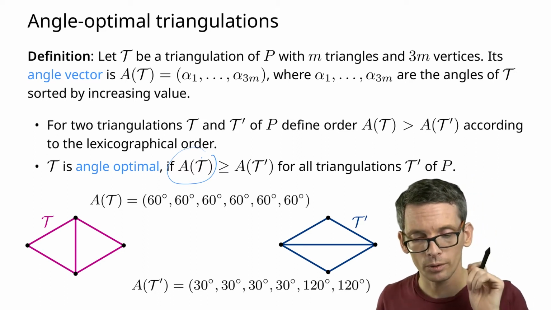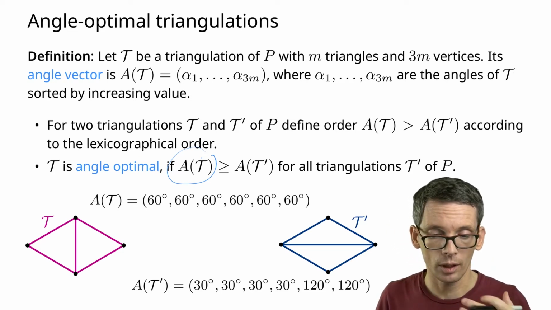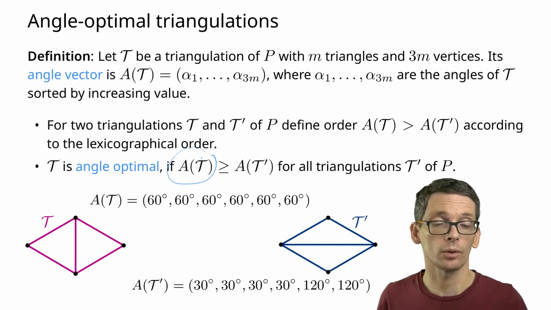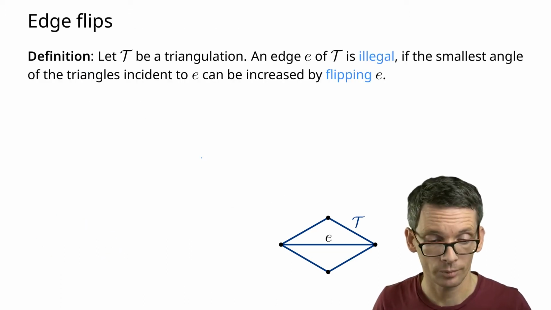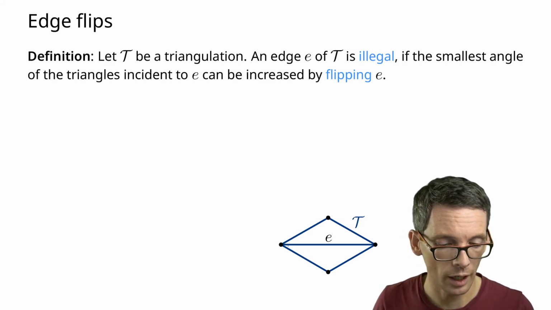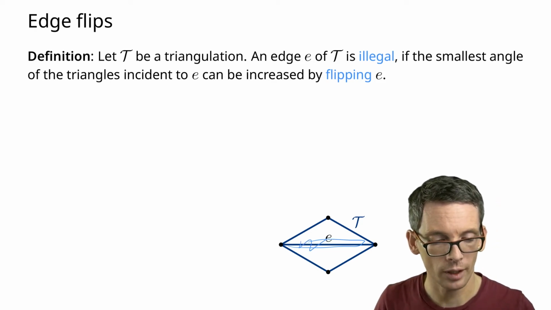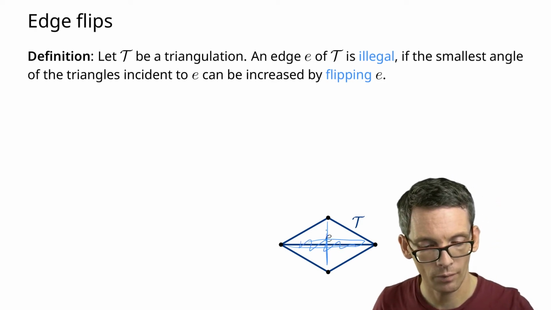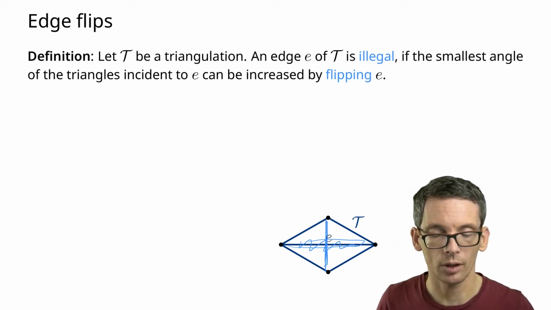So now we want to find angle optimal triangulations, and we are going to see a very simple algorithm to get them. And for that, we're going to introduce the concept of edge flips. So here we again have a triangulation. And now we're going to say that this edge is illegal because if I take out this edge and replace it by the opposite edge, then the angle vector improves.